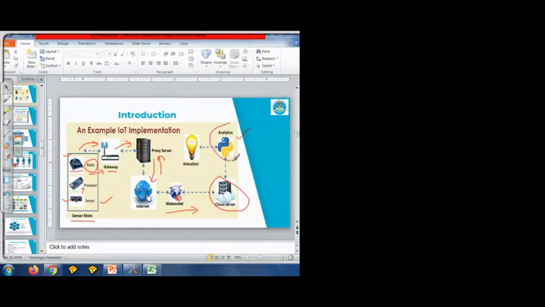Now we can have varieties of algorithms with the help of varieties of programming. So Python is a well-known programming language for this development. And finally we need to actuate certain outcomes or certain output devices. Here it is shown by your lights, isn't it?